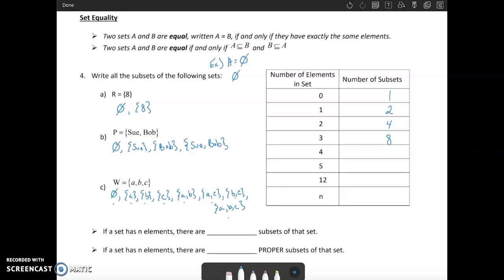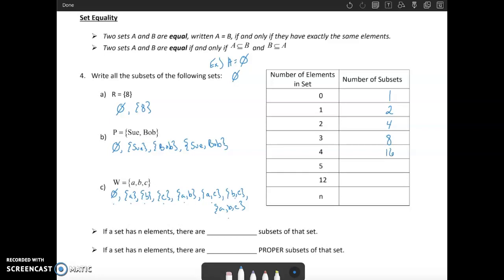What I hope we've done at this point is establish a pattern enough to figure this out for any number of elements. So we have 1, 2, 4, 8. And I can see what's happening here. Every time we add an element to the original set, it doubles the amount of subsets. So if I have a set of 4 elements, I'm going to have 16 subsets.